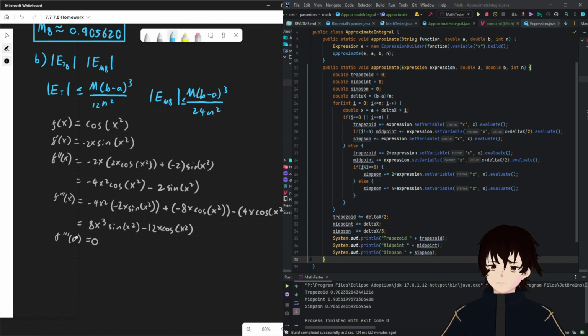So for the maximum value, we're going to plug 0 into this function. f double prime of 0 is equal to, we don't even know if this is a maximum or minimum, but I am just going to assume, because I can only find this one critical point.